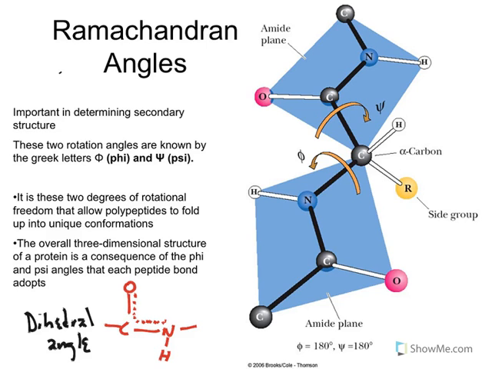So it forms what's called an amide plane, and you don't get free rotation around that bond. You do get free rotation, for the most part, around the phi and the psi bonds. That's one thing that limits the movement of structures in your protein.